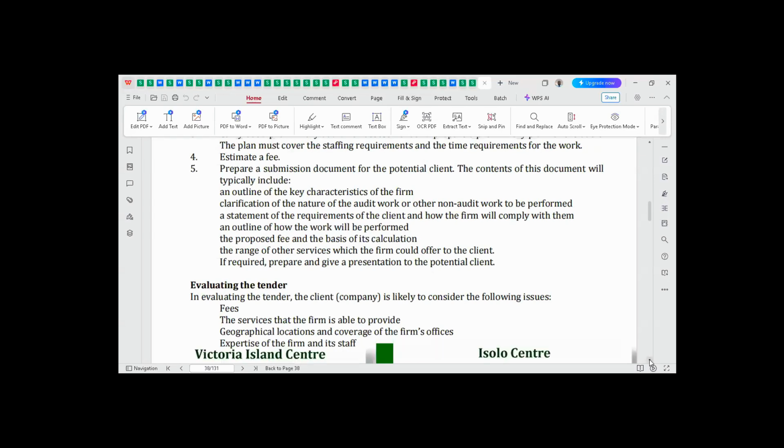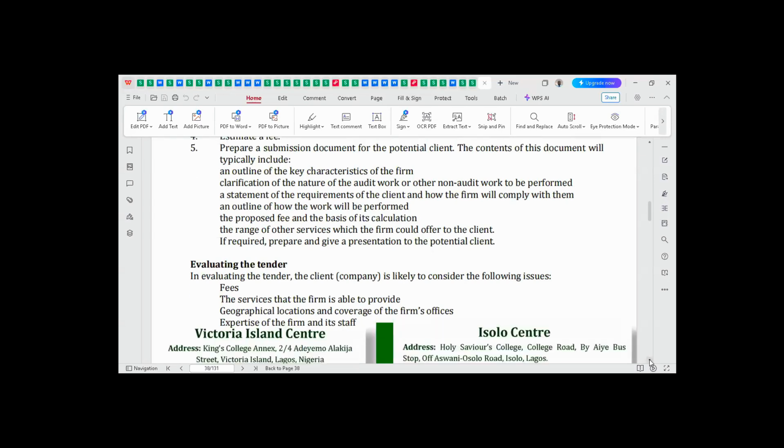All right. Then another thing you also need to look at is the expertise of the firm and its staff. That will be evaluated when they get hold of your brochure. Now your brochure, like I said, gives an insight into what your firm is all about. For instance, I believe most of us know Taiwo Oyedele, who formerly worked with PwC.